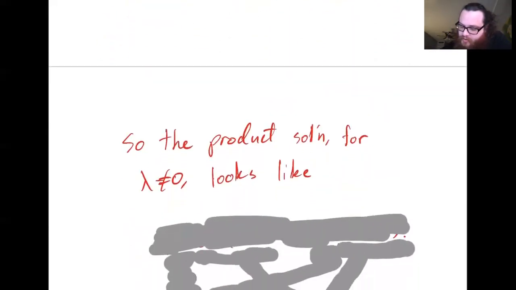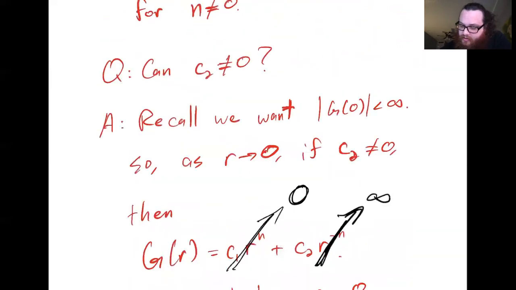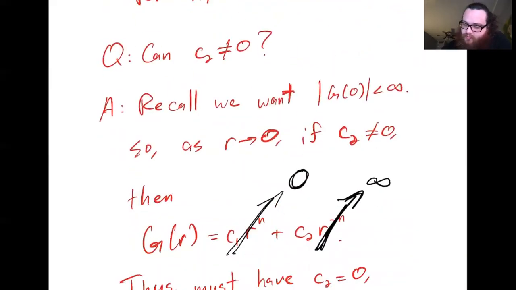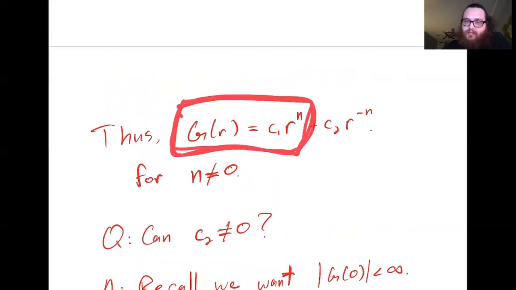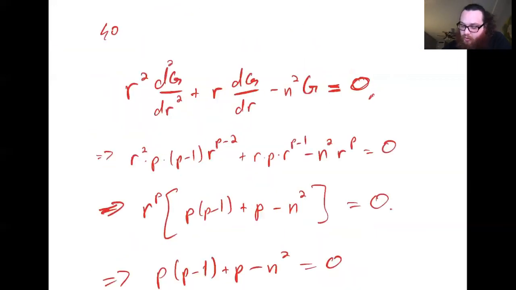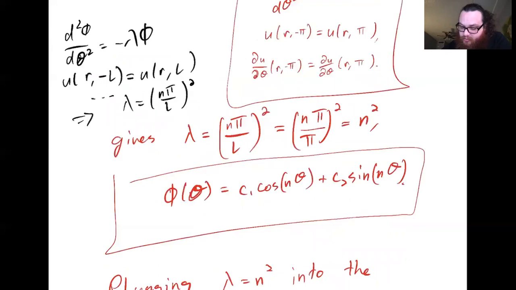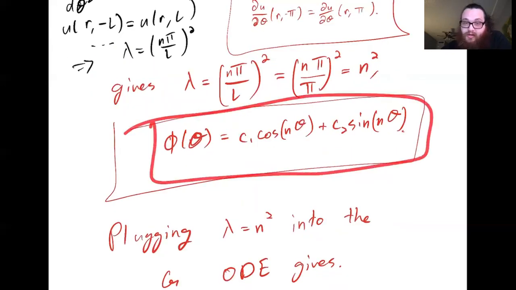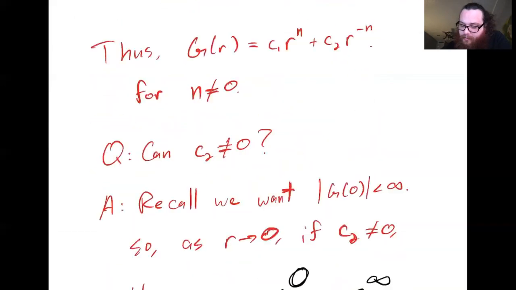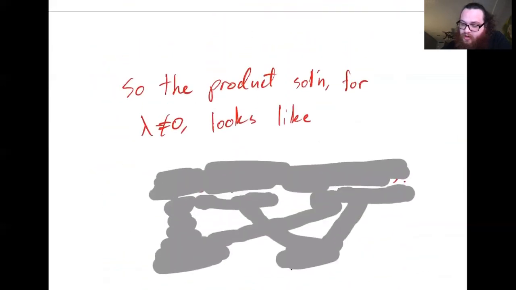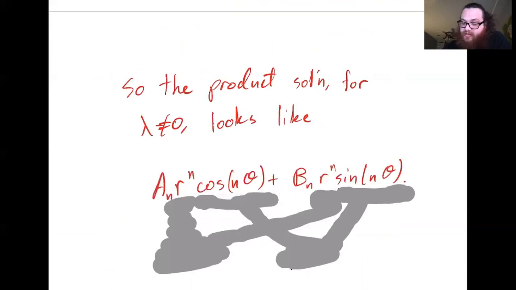So then this is 0. It tells us that our solution for G is just this piece right here. Okay. So if we take this piece and then multiply it by the piece that we found for phi, which is this piece for each n, what we're going to end up with is a product solution that looks like this.